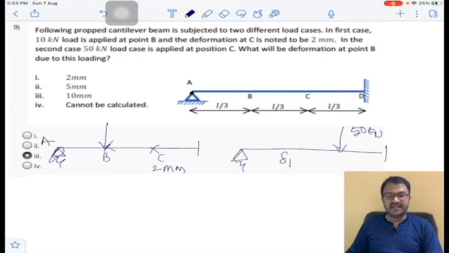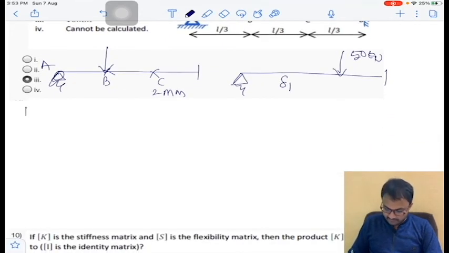So according to Betti's law, there is one law. At one point, the product of load and deflection will be equal to the same product of load and deflection at another point. So at point B, what is the load? It is 10 kilonewton. And at point B in the second case, what is the deflection? It is delta 1.